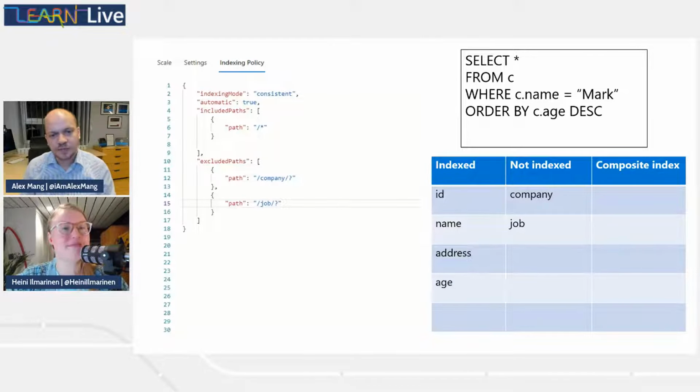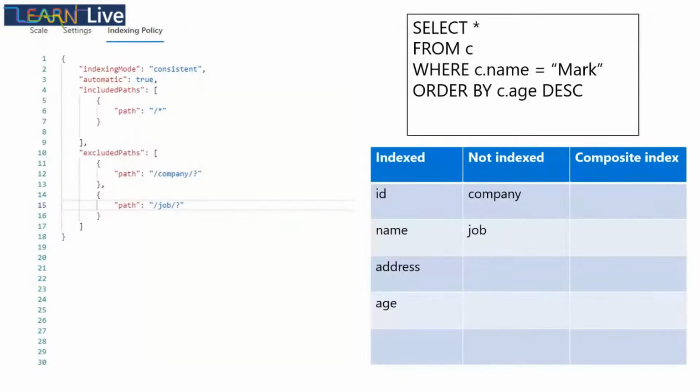But you will observe that the amount of data, if it increases over time, particularly if the amount of people called Mark would increase over time, the RU charge of this query would increase quite a bit. And when I say quite a bit, I mean like a lot. So yeah, if you have a lot of data, by that I even mean up to terabytes of data, this query might even cost thousands of RUs.